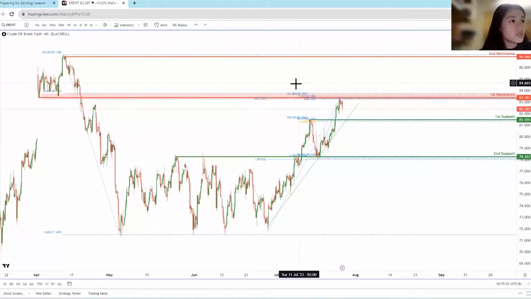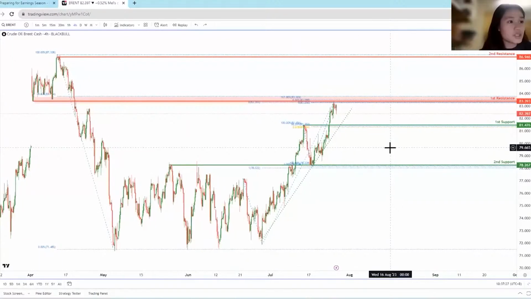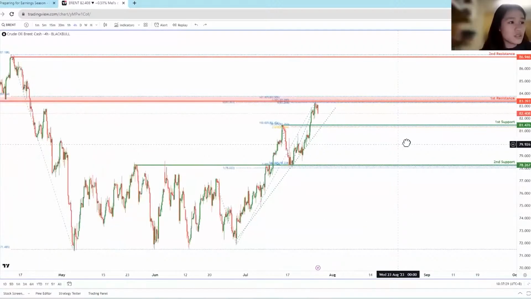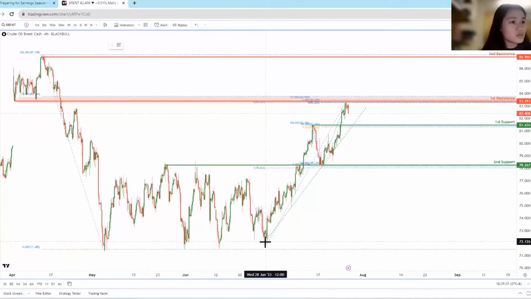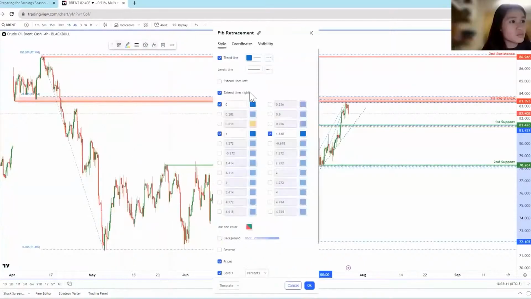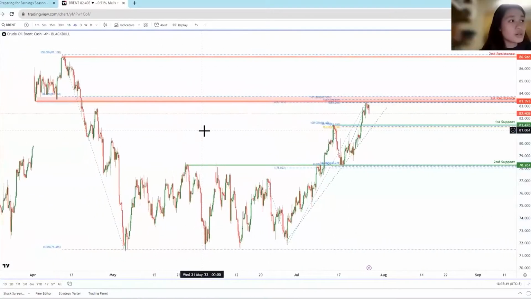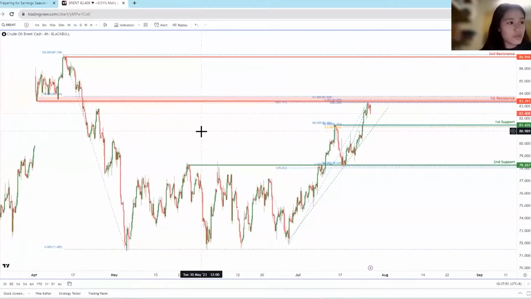Okay, that's for extension. Let's see if we have anything else. Okay, no. That's all the Fibonacci levels that we have here.